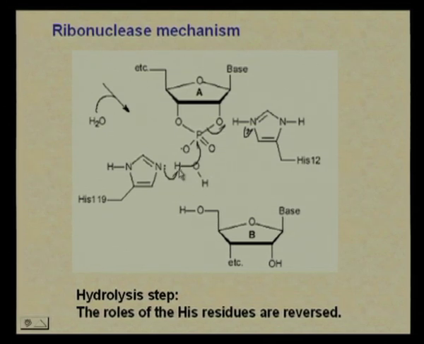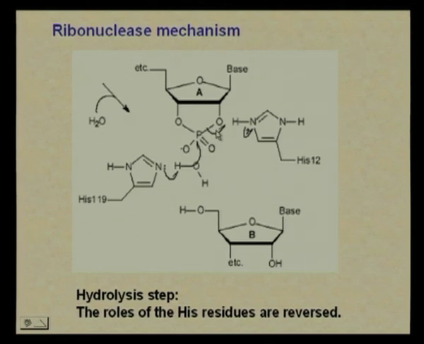Now, what happens here is histidine 119 now acts as the base. It abstracts a proton from water, creating OH minus that is going to attack the phosphate.